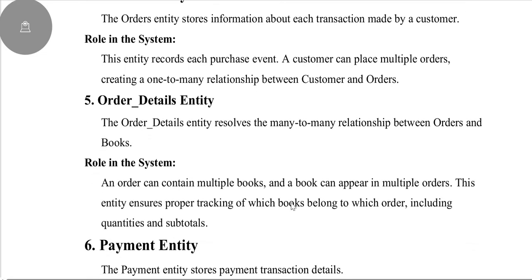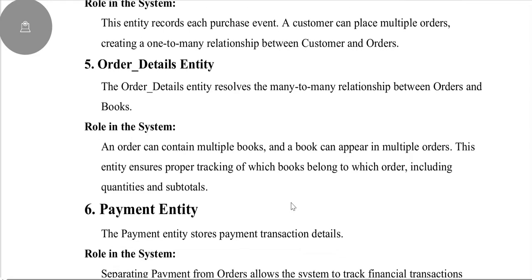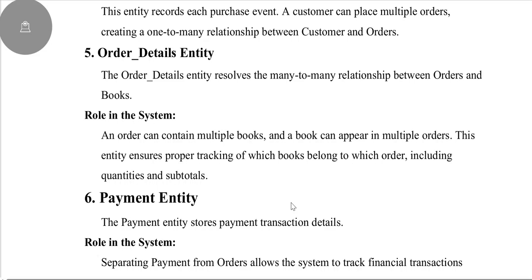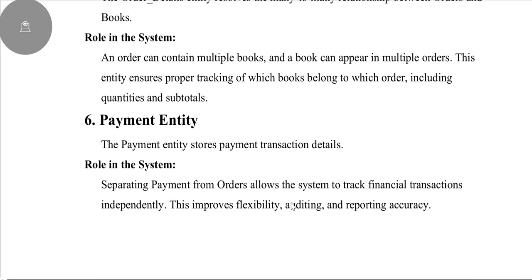And the fifth one is called the order details entity. The order details entity resolves the many-to-many relationship between orders and books. An order contains multiple books and a book can appear in multiple orders. This entity ensures proper tracking of which books belong to which order, including quantities and subtotals.